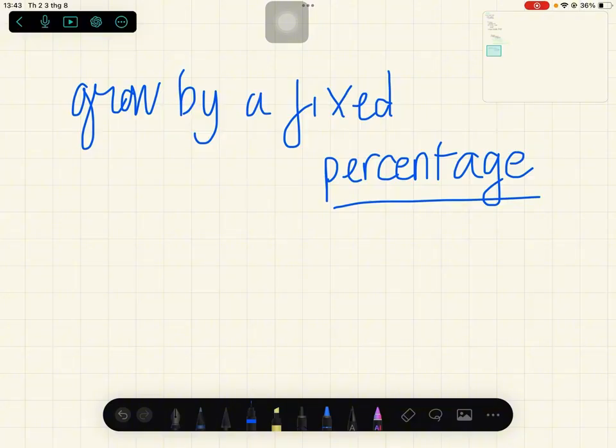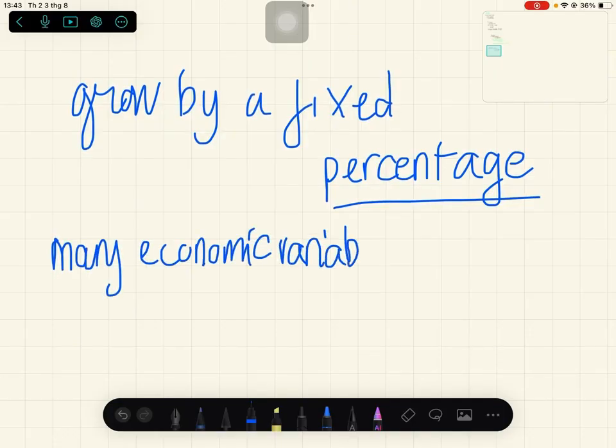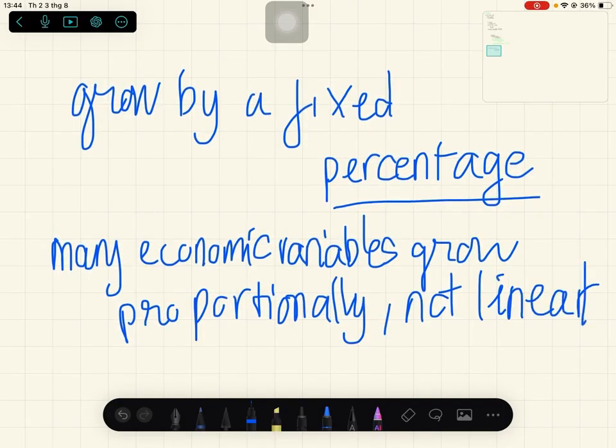Many economic variables grow proportionally, not linearly. So instead of adding the same amount every period, they multiply. This means a straight line no longer describes the data very well. Instead, the data begin to curve upward, and that's exactly when analysts switch to a different model.